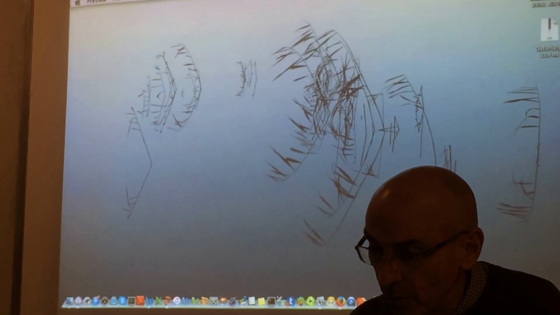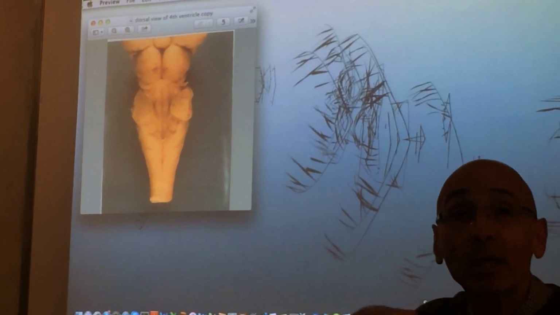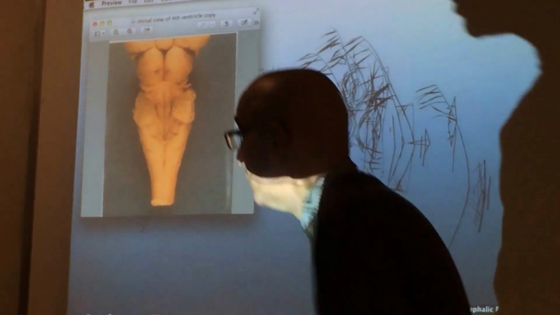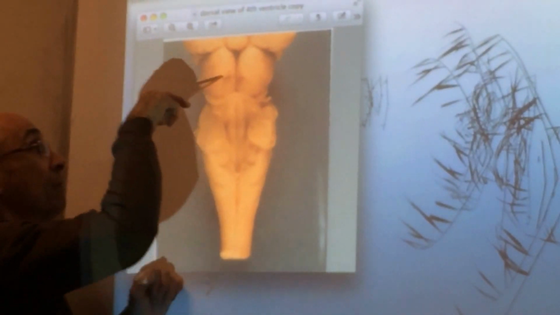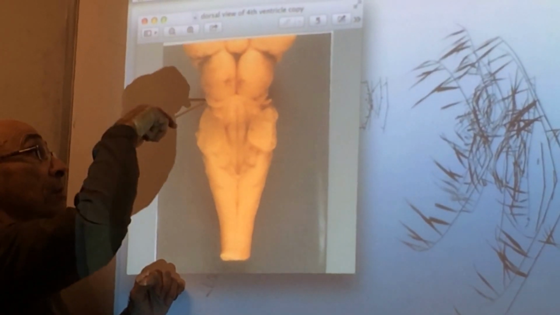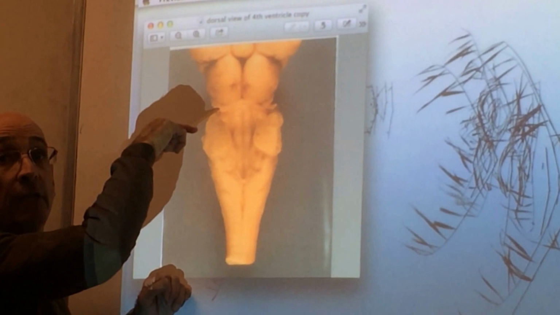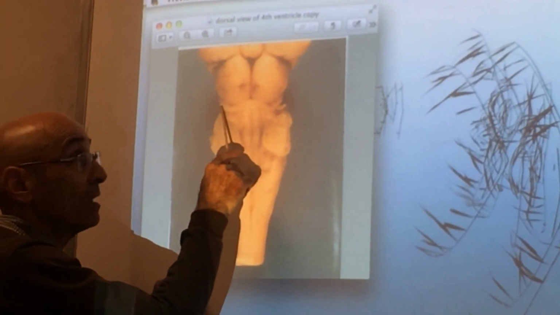If I go to a dorsal view and I take off the cerebellum, all right, look at what we have so far. So on this dorsal view, taking off the cerebellum, identify this nucleus. Superior colliculus, identify. Inferior colliculus, it's not a midline structure, it's off to the side.